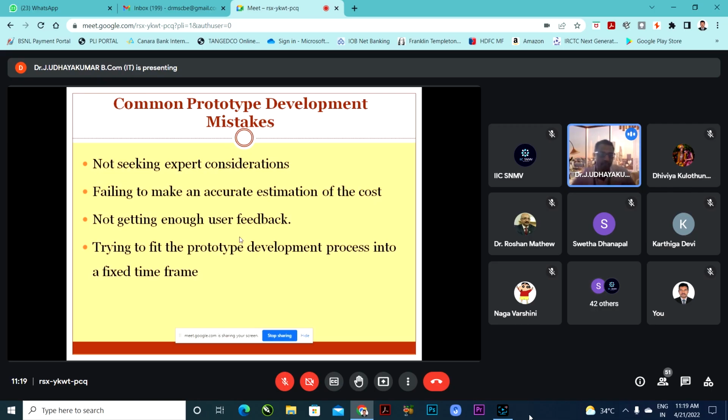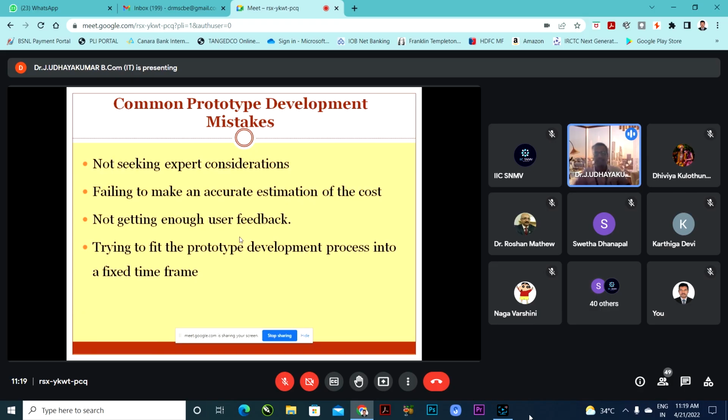Startups are not involved in the product manufacturing because they only want to sell the product. Many newcomers in the industry tend to have some misconceptions in their prototype development stage, and it can cause many problems in the final product. The mistakes may be that they are not getting expert consideration on how to progress through each phase. With proper expert consideration, we can avoid these prototype development mistakes.